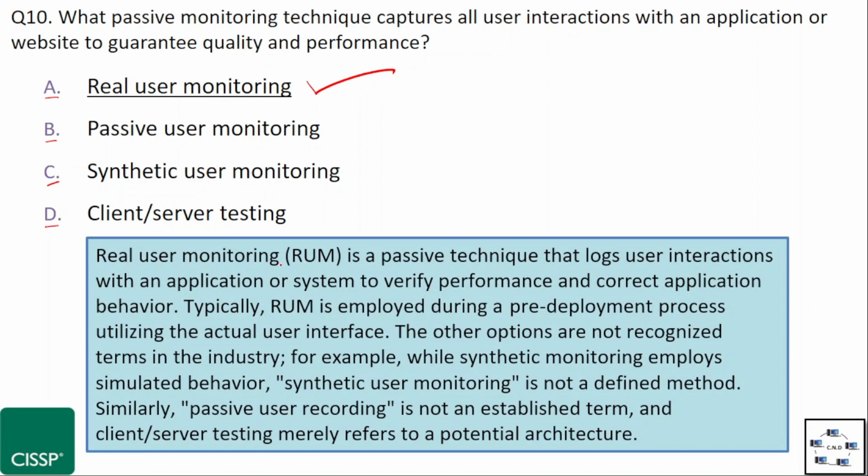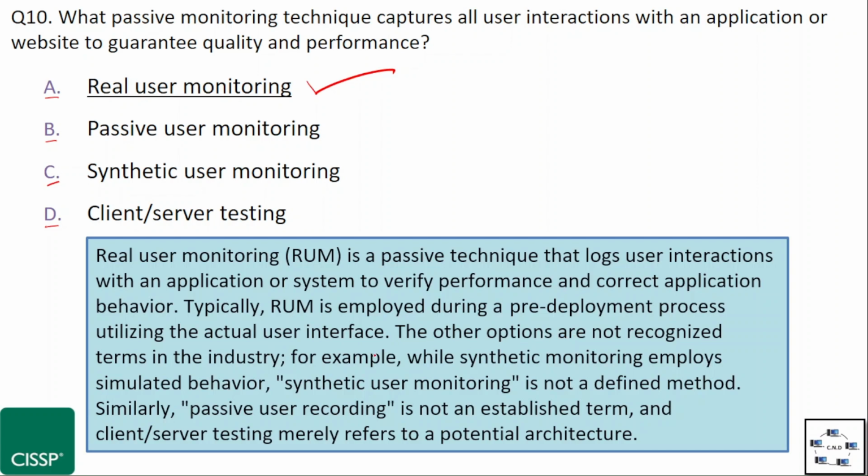So real user monitoring is a passive technique that logs user interactions with an application or system to verify performance and correct application behavior. Typically, RUM, or real user monitoring, is employed during a pre-deployment process utilizing the actual user interface.